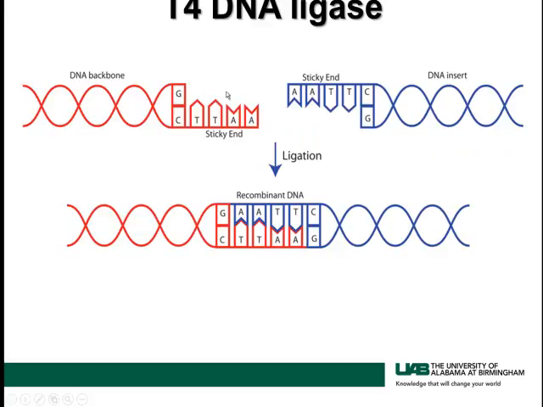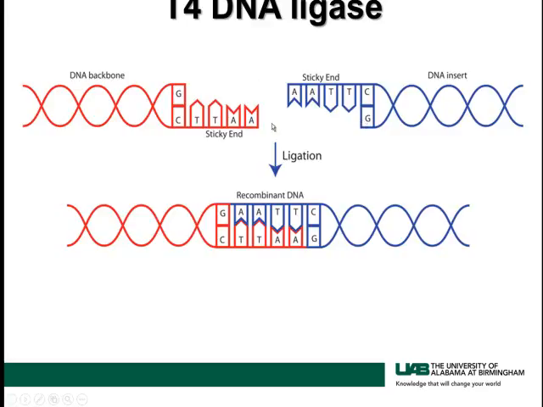Now, they can form hydrogen bonds, but there's no ligation involved. You need to paste in, or you need to attach the 3' OH and 5' phosphate together to make it a complete chain. And so this is a 3' OH. It's going to bind to the 5' phosphate by the action of the T4 DNA ligase.